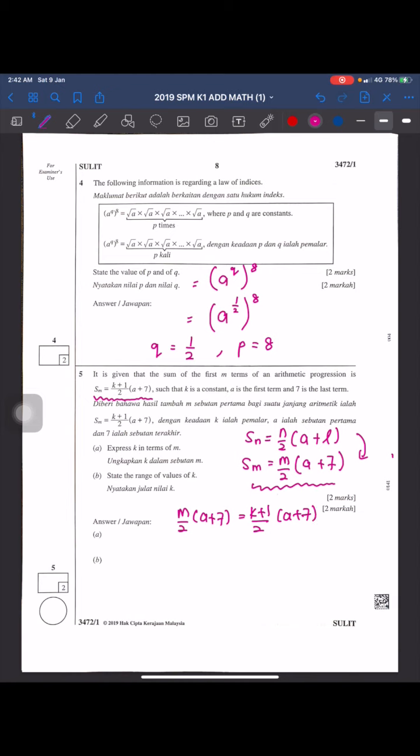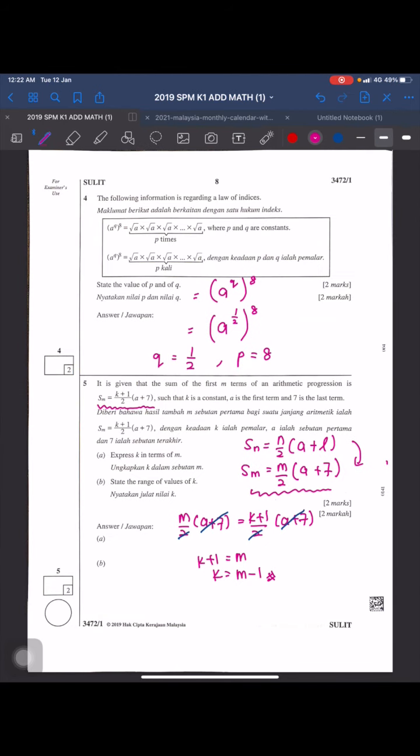Okay, so this part sama, saya boleh cancel. 2 pun saya boleh cancel. So, saya akan dapat K plus 1 is equals to M, where K is equals to M minus 1. So, that is my final answer.